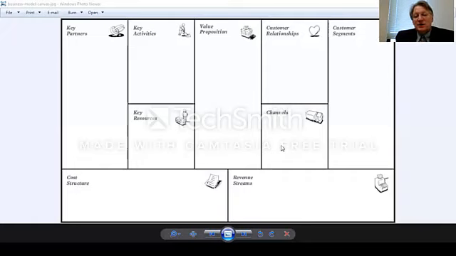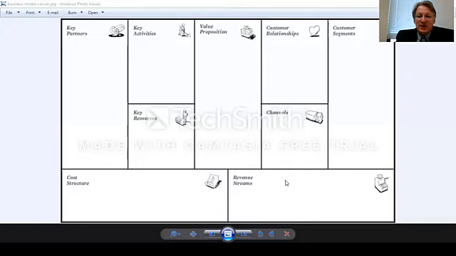Then dropping down into the revenue streams, these could be two basic ways. One is exactly how are you receiving compensation for your good and service? Is it cash? Is it straight over the counter cash? Or are we using credit cards? Are we using online services to do that? So that's one.